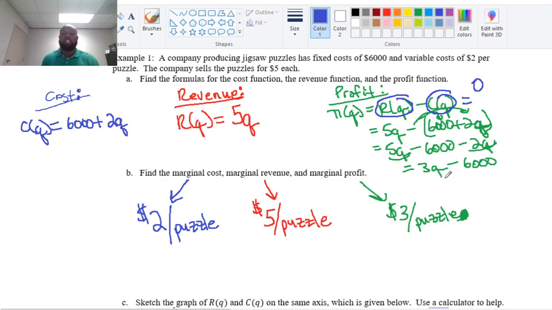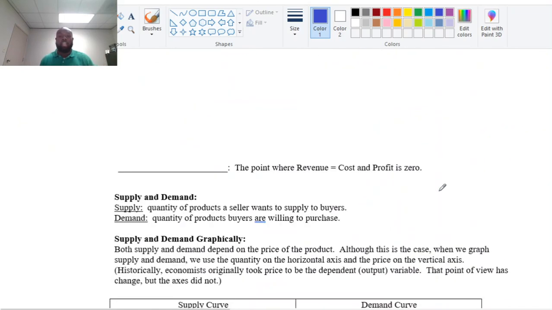And so if I look at my profit function, when Q equals 0, that means I haven't produced or sold any items. My profit is negative $6,000, right? That means I always start in the hole because I have fixed costs. And so what this break even point represents is the number of items I have to produce and sell in order to get out of the hole.